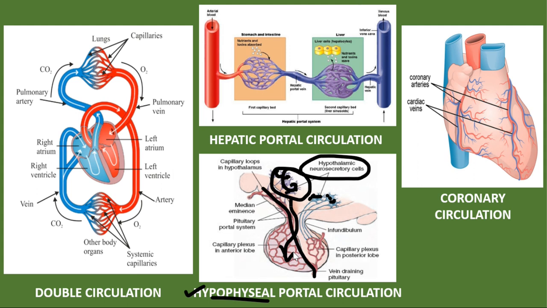Why to the anterior lobe of the pituitary gland? Because the anterior part of the pituitary gland is the glandular part and the posterior part of the pituitary gland is the neural part. So from the hypothalamus, blood is moving. Blood is first of all collected by the blood vessels, mainly by the hypophyseal portal vein, from the hypothalamus of the brain to the anterior lobe of the pituitary gland.